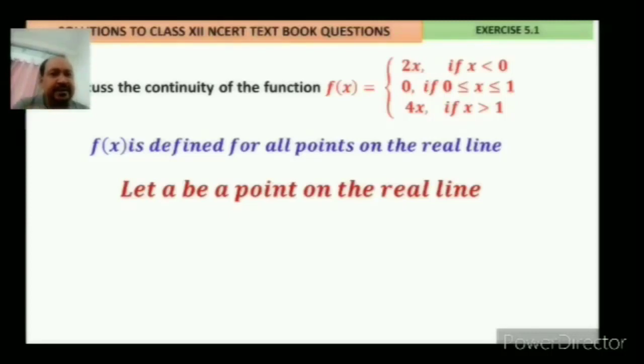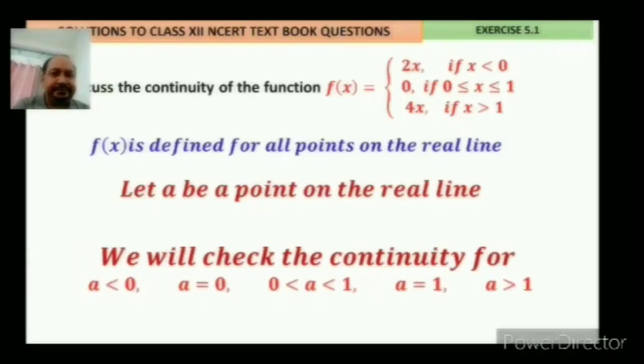Let a be a point on the real number line. We will check the continuity for a less than 0, at a equal to 0, at a greater than 0 but less than 1, at a equal to 1, and at a greater than 1.